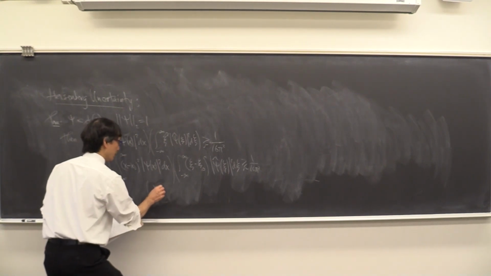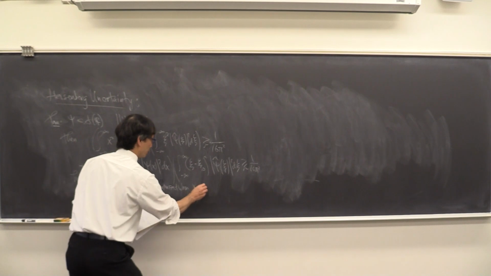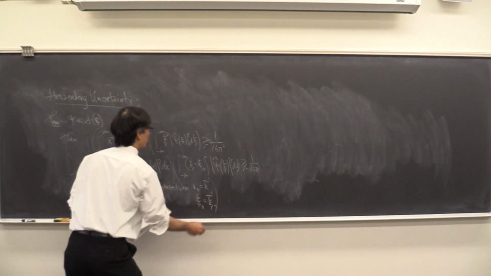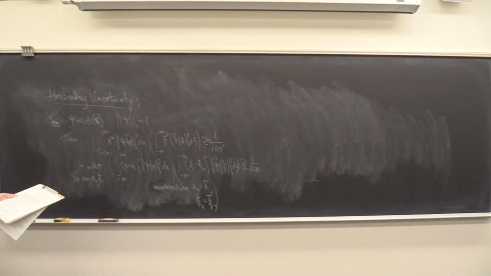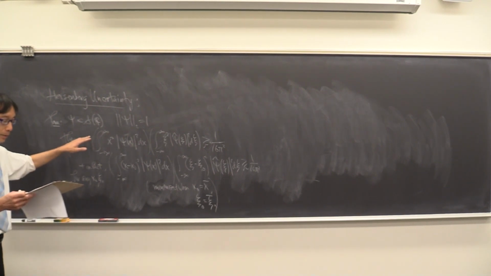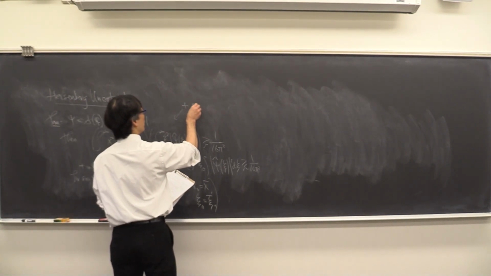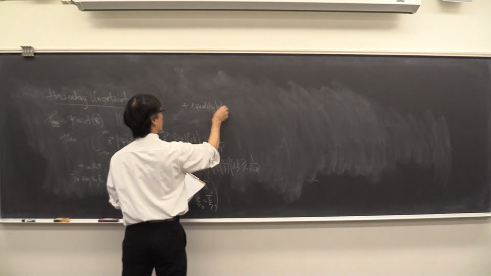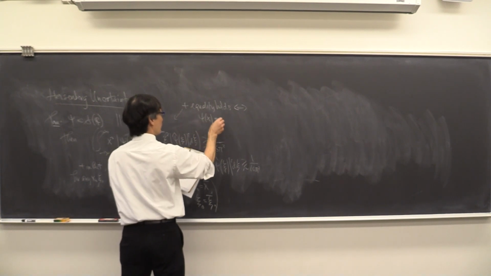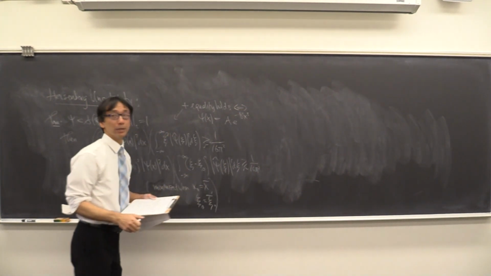And this is minimized when x naught equals x bar and xi naught equals xi bar. And also equality holds if and only if psi is some sort of Gaussian function.